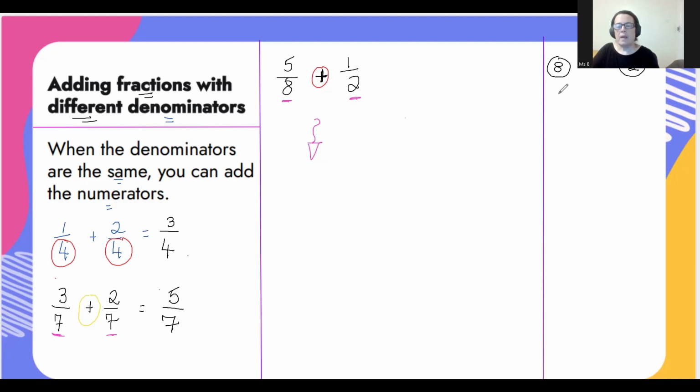So my 8 times tables are 8 ones are 8, 8 twos are 16, 8 threes are 24. I could continue, but I'm not going to.